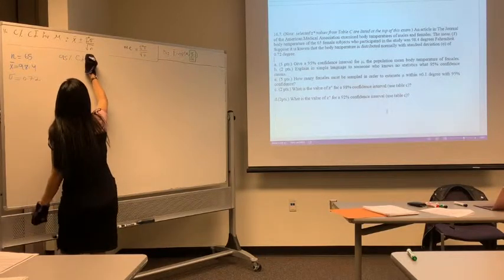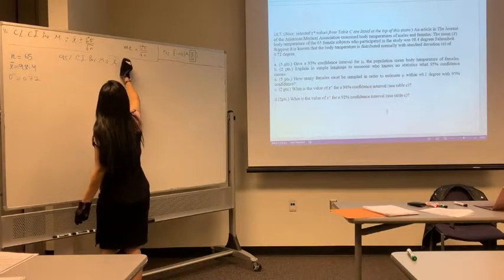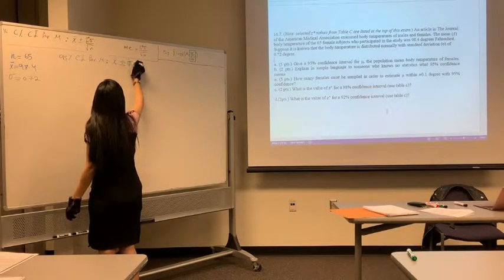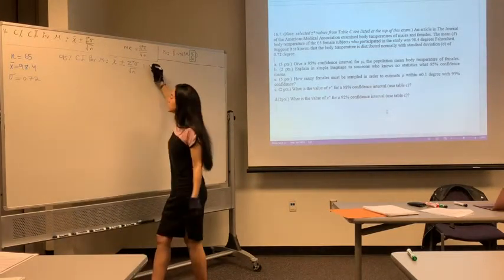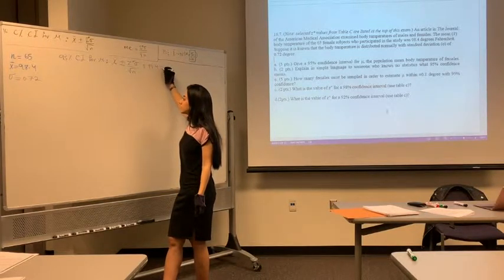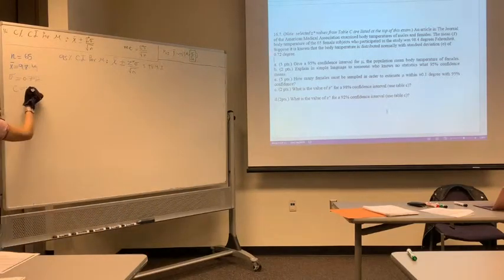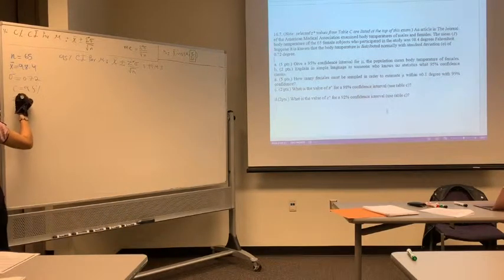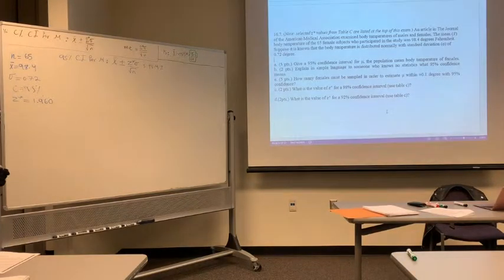The 95% confidence interval for mu is x bar plus and minus z star sigma over square root of n. X bar is 98.4 plus and minus. For C equal 95%, Z star is 1.960. Am I right?